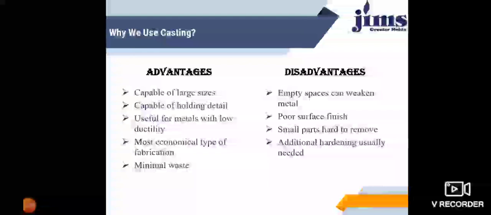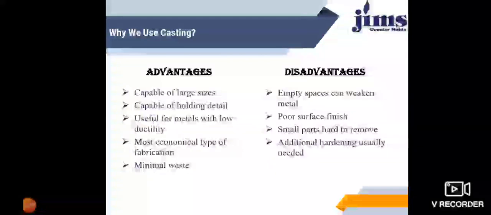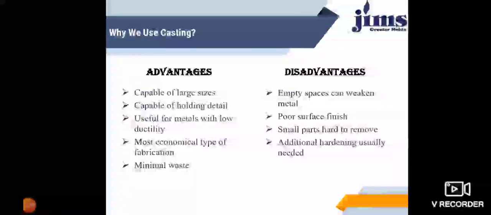Then we have small parts that are hard to remove, because during the casting process there may be some small parts which cannot be removed with the help of machining after the casting has been completed. These parts which cannot be removed become faults in the final finished object.